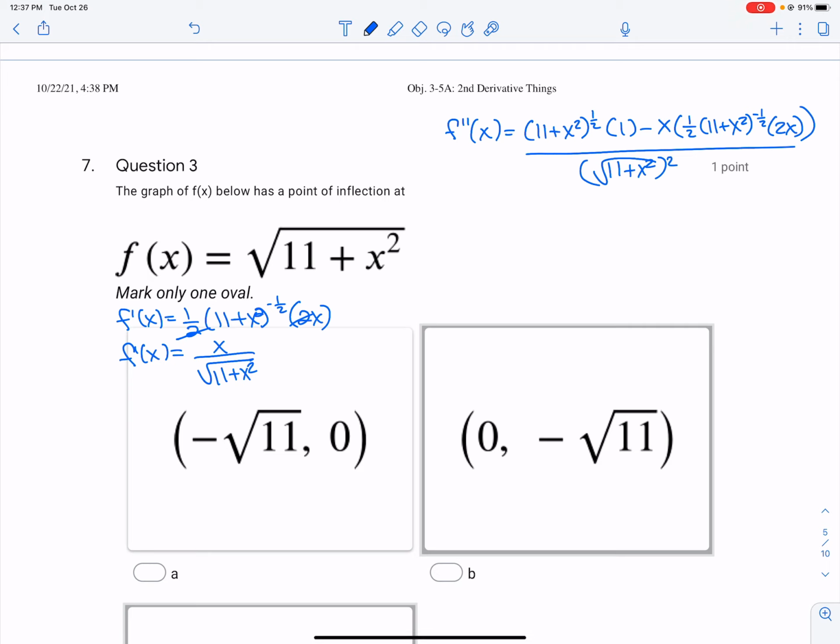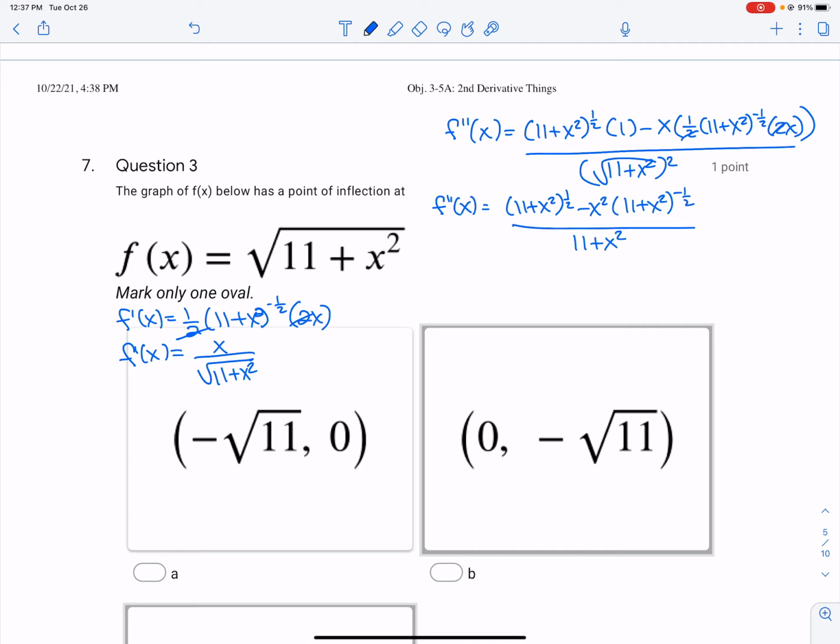So essentially what I get is f double prime is 11 plus x squared to the 1/2 minus x squared, because the 2's cancel out, and I'm left with 11 plus x squared to the negative 1/2, all over 11 plus x squared.